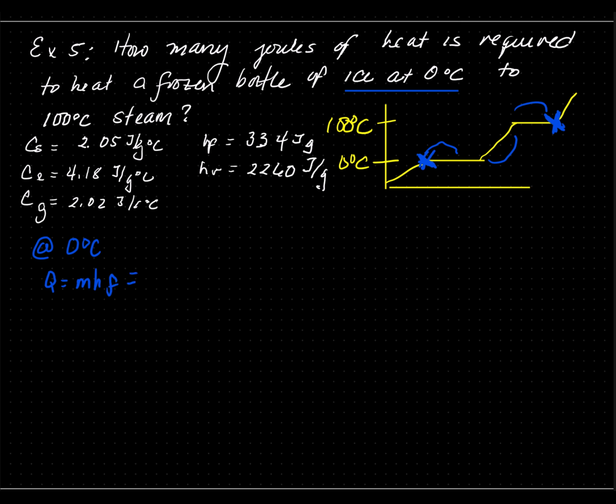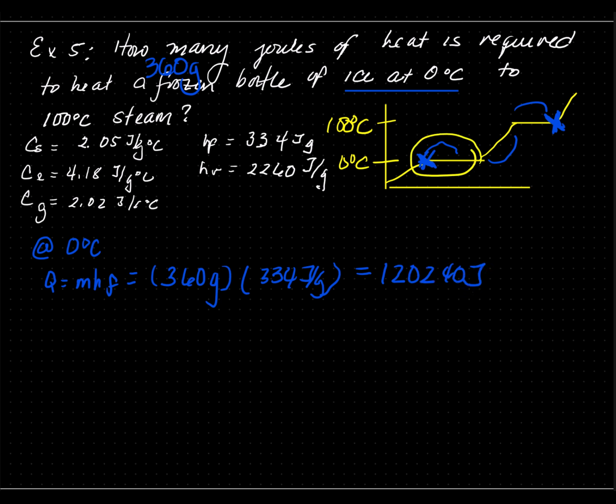The mass given is 360 grams. I forgot to type it in, sorry. It's 360 grams times the heat of fusion, which is 334 joules per gram, giving 120,240 joules. So we melted everything, and now we have to increase the temperature. We're starting at 0 degrees Celsius and going to 100 degrees Celsius.